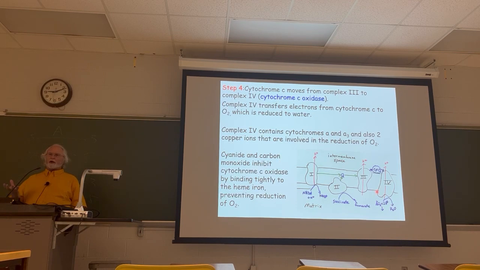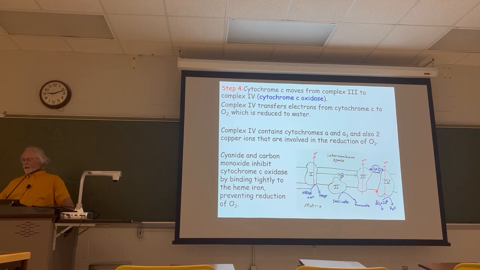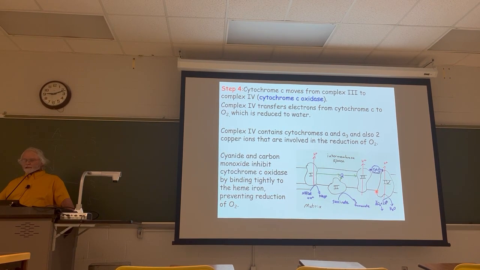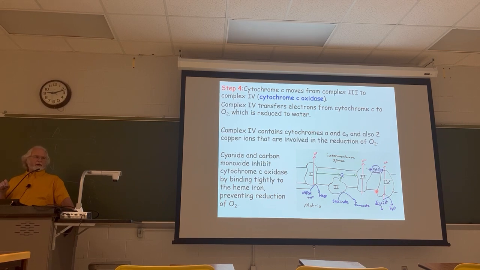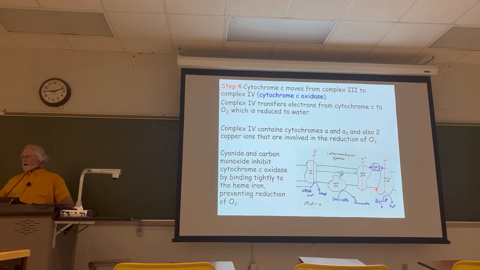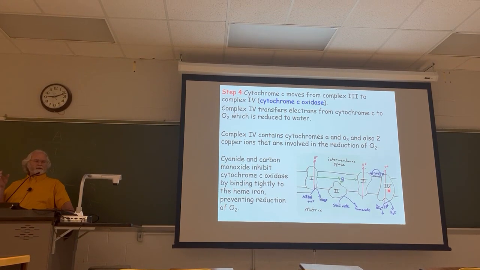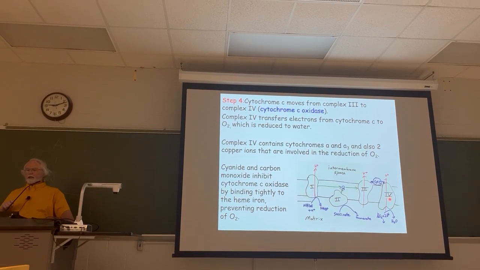So they occupy the space where oxygen would be and prevent this reduction of oxygen to water. And that's why they're such good poisons, is that they stop the electron transport chain, stop you from making ATP. Because without this step, you don't generate the energy for making ATP.